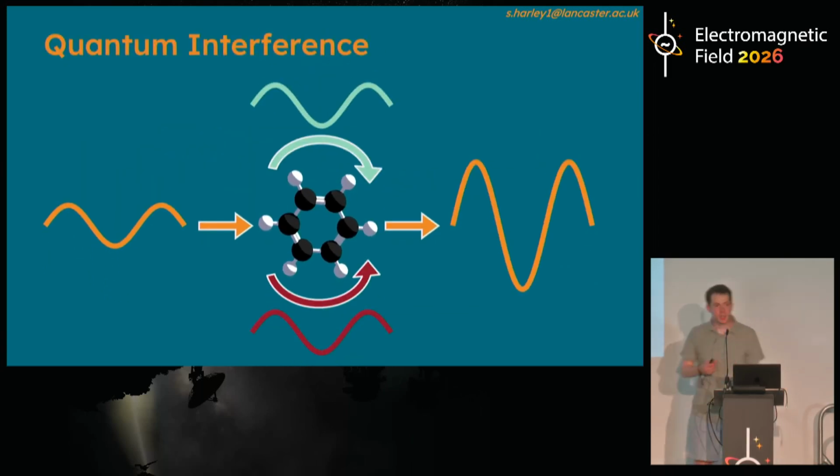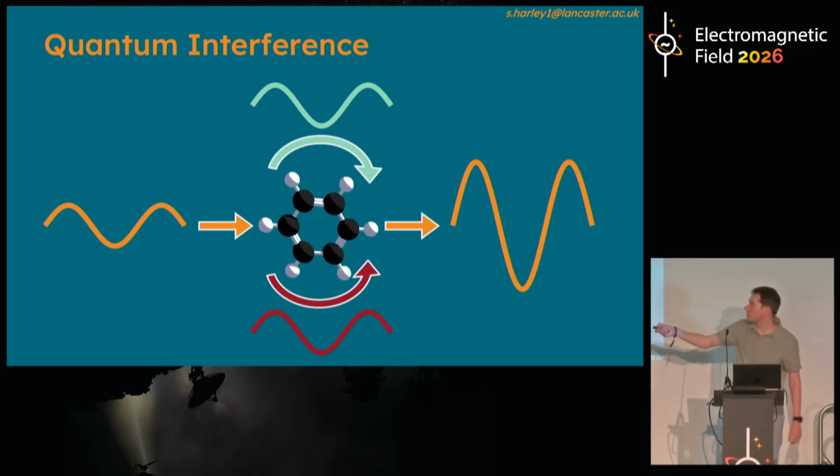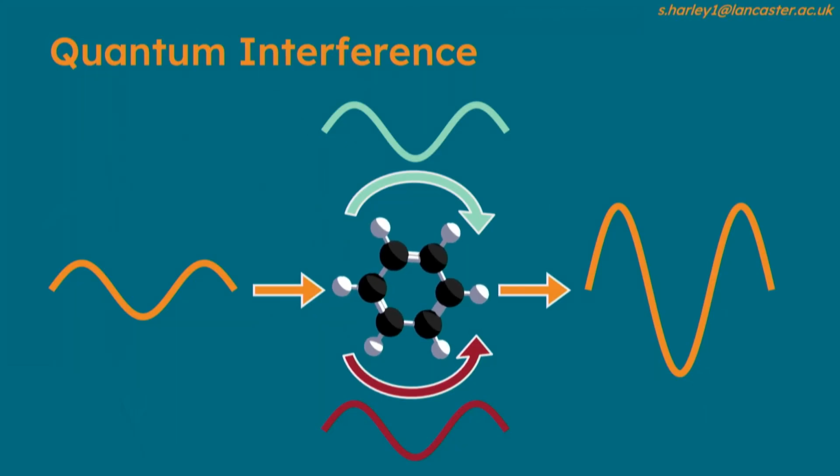If we take this example here, this is a benzene ring. There are two paths that our electron wave could take through the ring to get to the output, and the wave actually takes both at once. In this case, where the two paths are the same length, the waves arrive in phase, and we get a large sine wave, where the two waves are added together.